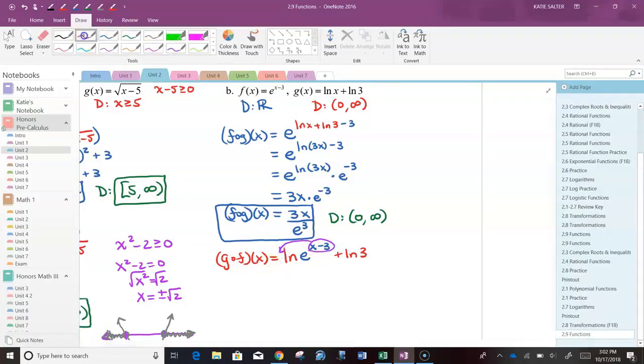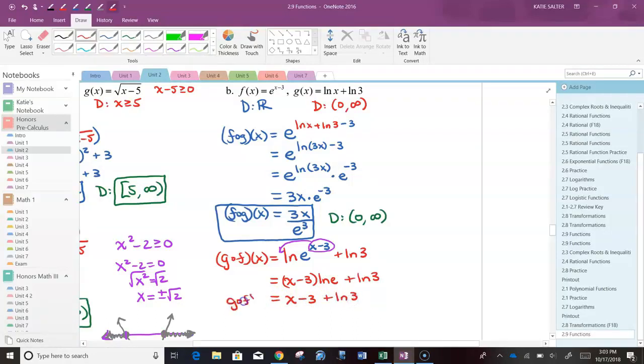So this is going to give us x minus 3 times the natural log of e, which we know to be just 1, or you could have just used the property of the fact that anytime you have natural log of e raised to a power, it is just that power. And then we still have plus the natural log of 3. So ultimately, this is x minus 3 plus the natural log of 3.